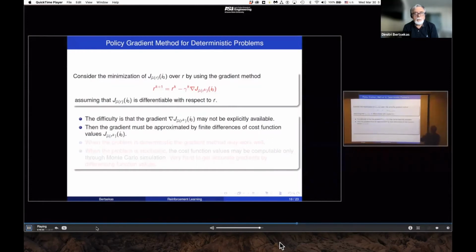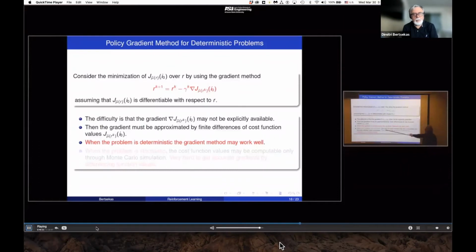So we have a parameter vector R, multidimensional. We are at a certain point R_k, and we go along the various directions and finite difference the cost to obtain the gradient. Now, if the problem is deterministic, that may not be a bad approach, because presumably costs in all directions can be calculated exactly. There's no randomness in deterministic problems. So finite differencing may not be a bad idea.